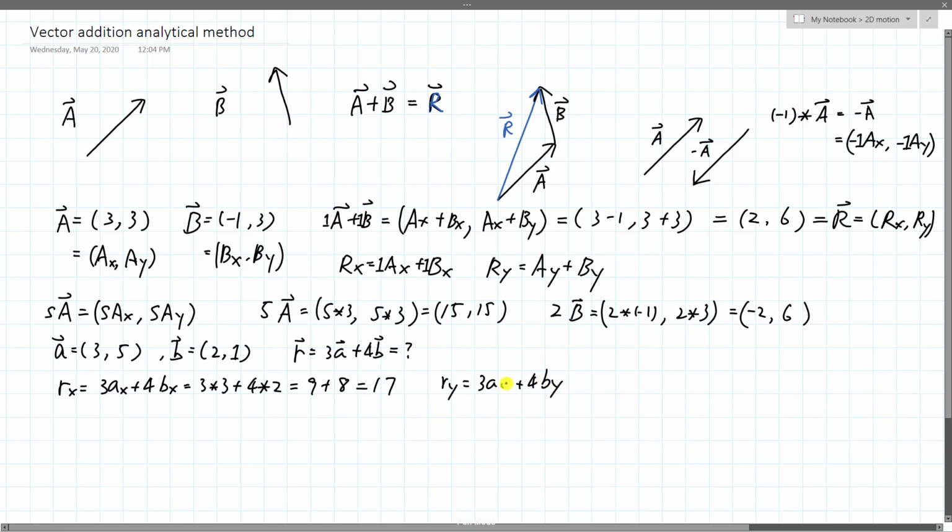Okay, so the y is 5 for the a, and it's 1 for the b. 3 times 5, and 4 times 1. So it's 15 plus 4, which is equal to 19.